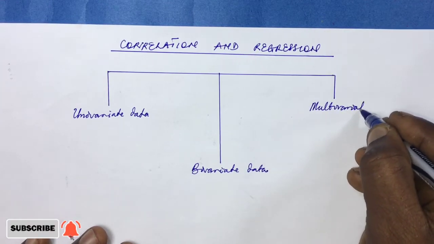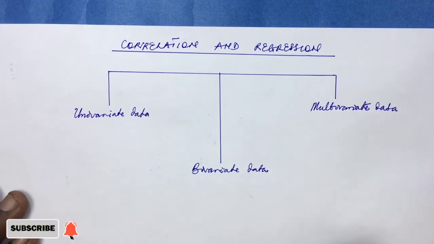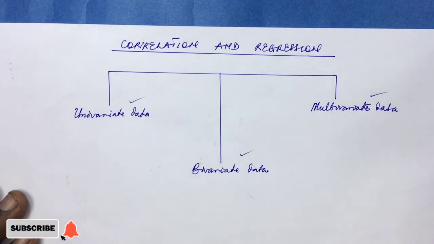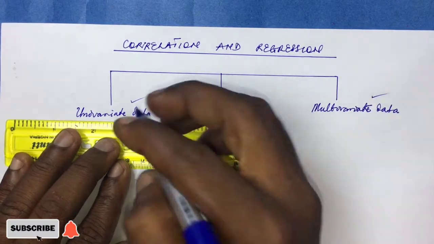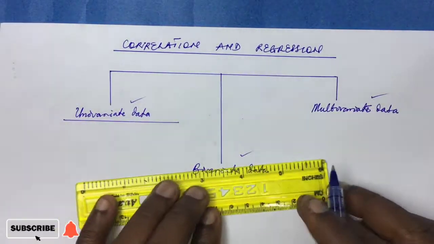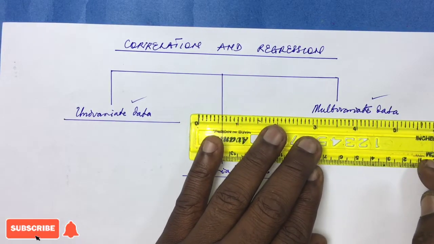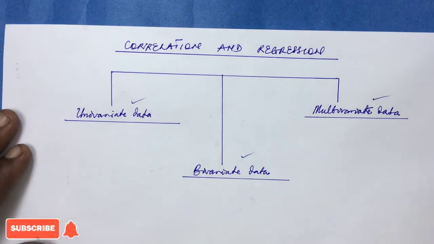If you must understand the idea of correlation and regression, it is very important you understand these. So let us start with the concept of univariate data, followed by the concept of bivariate data, and finally the concept of multivariate data.